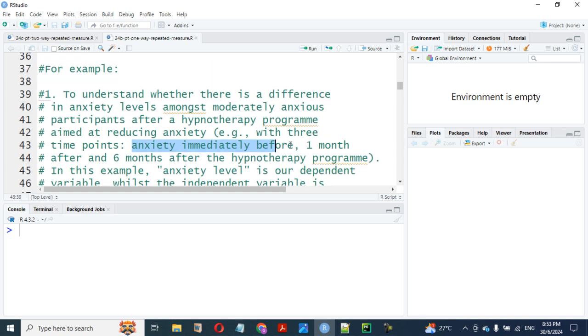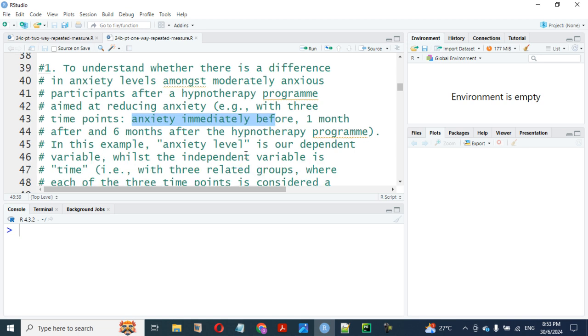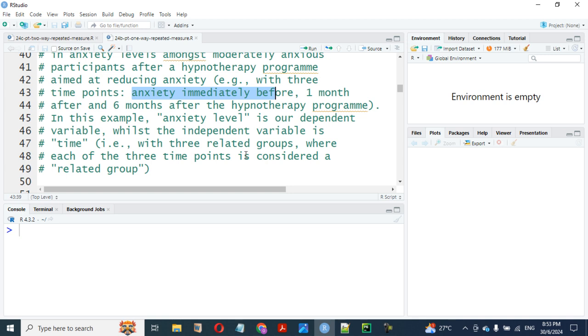The first is before, the second is after 1 month, the third is after 6 months. These are the time points at which the anxiety level is measured for the same specimen. The same specimen was measured at this time point, and at this time point, and the same specimens come back again and are measured at this time point. Don't forget, the same specimen. So that is called repeated measures.